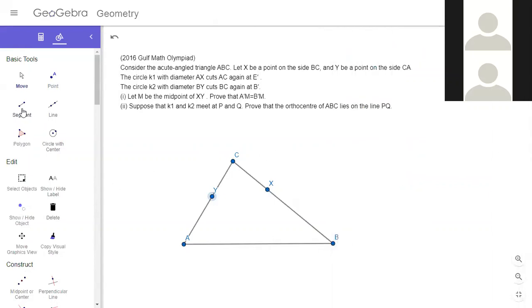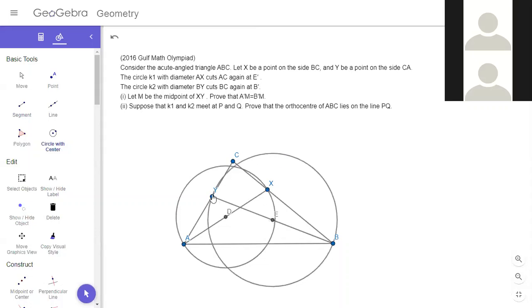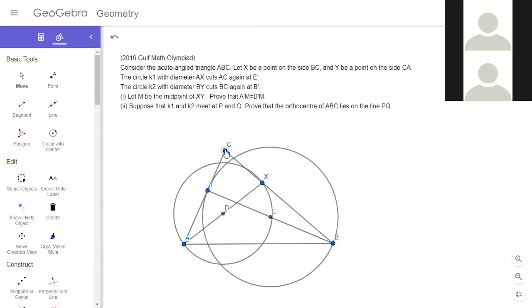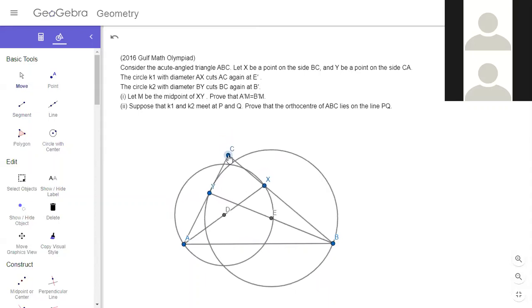We draw the circle with diameter AX and the circle with diameter BY. This kind of looks familiar. And we see, okay, so the first one we see where it cuts AC, and the second one we see where it cuts BC.